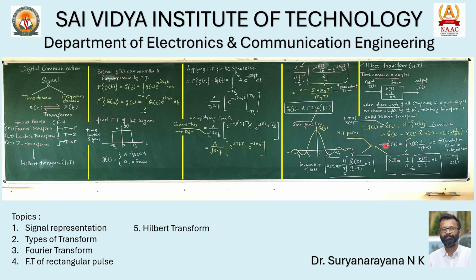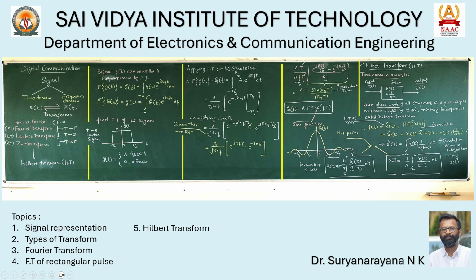Now writing x cap of t in the form of the convolution integral, integration minus infinity to infinity, changing the variable from t to tau, x of tau into 1 by pi into t minus tau d tau.